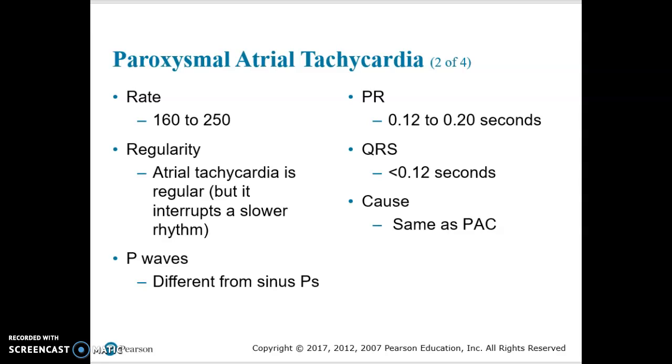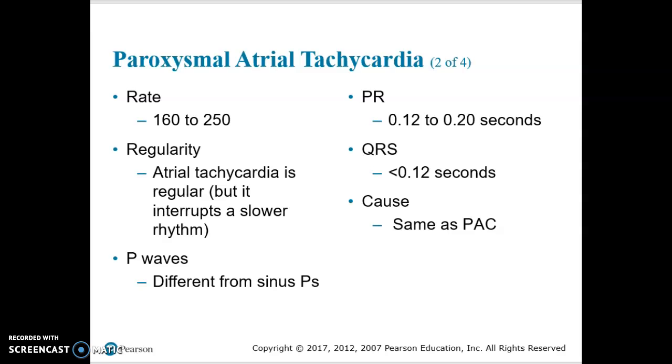Regularity: atrial tachycardia is regular, but because it interrupts another rhythm, the rhythm strip as a whole will be regular but interrupted, okay? Those PACs come in and they interrupt that rhythm.